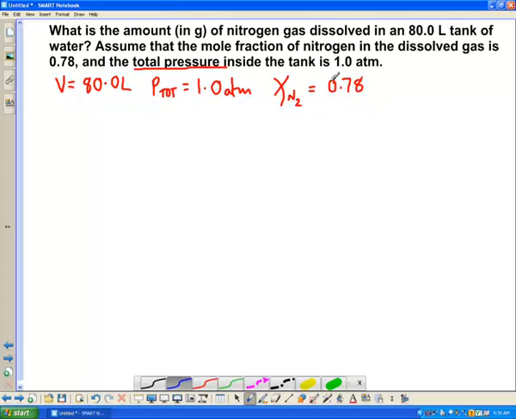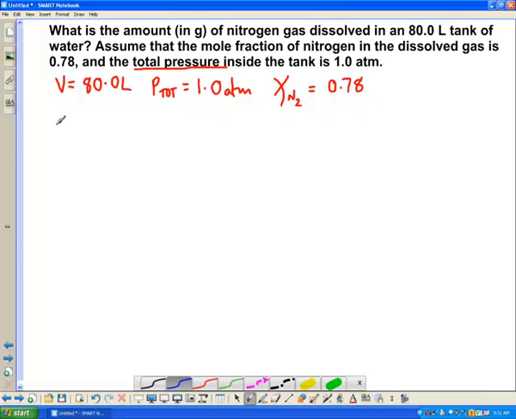So if you think about it, if the total pressure inside the tank is 1 atmosphere, and if your mole fraction here is 1 in total, 0.78 of that is nitrogen. So therefore that means 78% of that pressure is coming from the nitrogen. So that means 1 times 0.78 will be the number of atmospheres corresponding to the pressure exerted by the nitrogen.